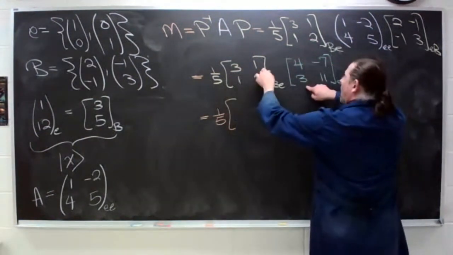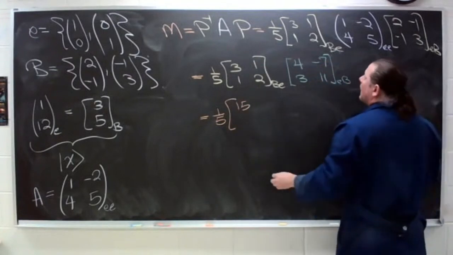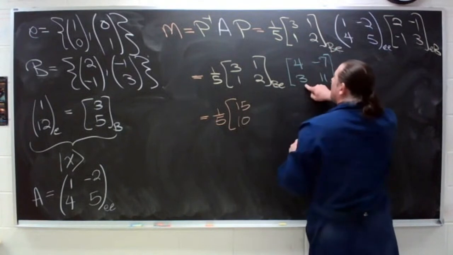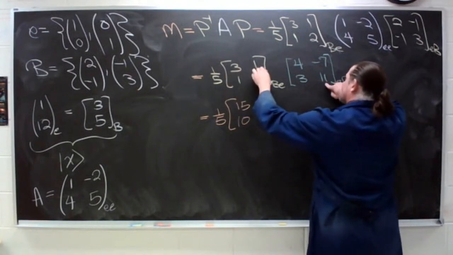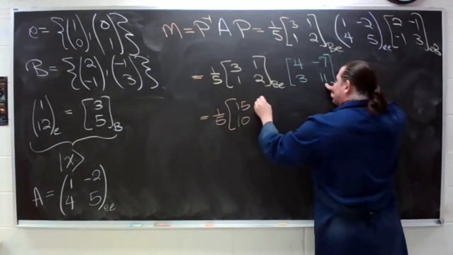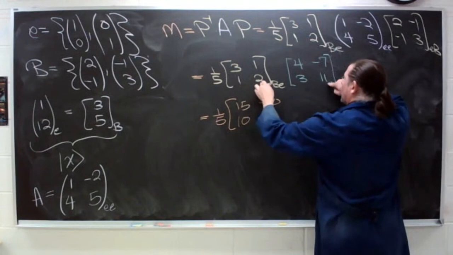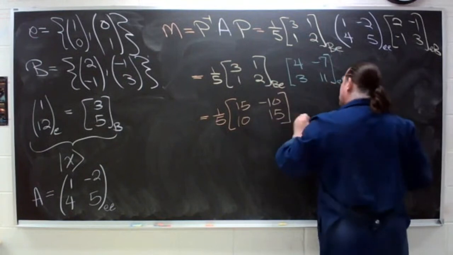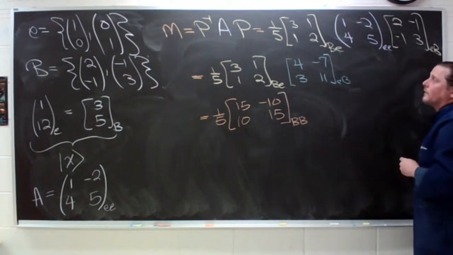So let's see, we got 12 and 3 more is 15. Then we got 4 and 6 more is 10. Then we've got -21 plus 11 is -10, I think. And then we've got -7 plus 22 is 15. And this should be B.